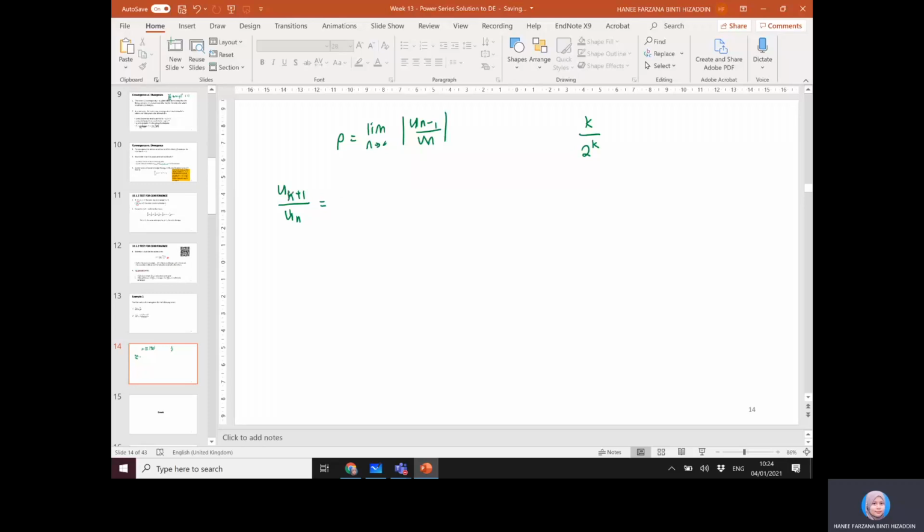So now instead of n, we use k: u_(k+1) over u_k. So (k+1) over 2^(k+1) divided by k over 2^k.